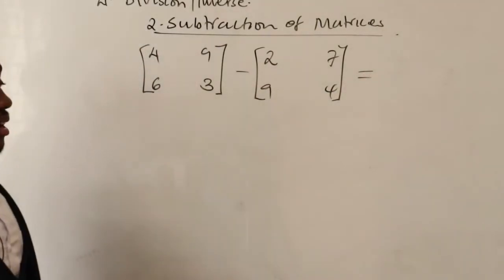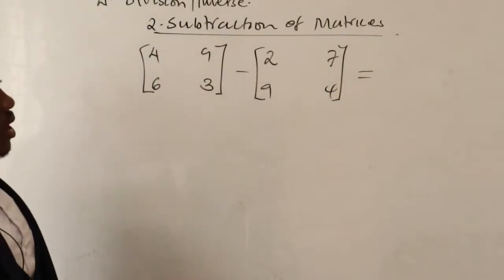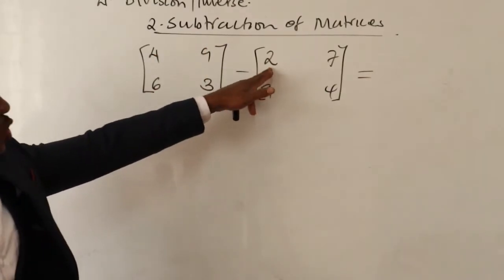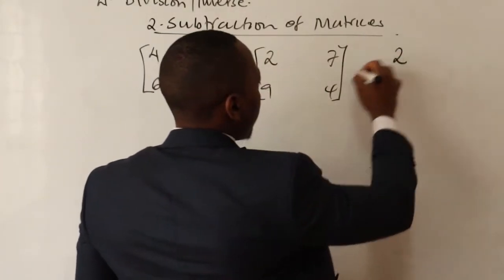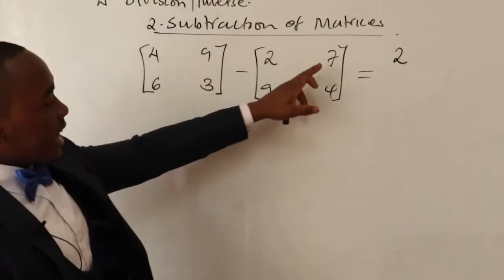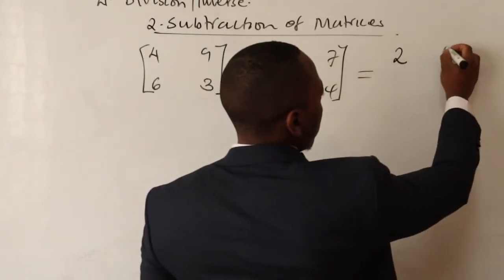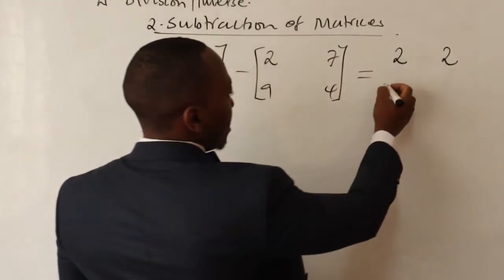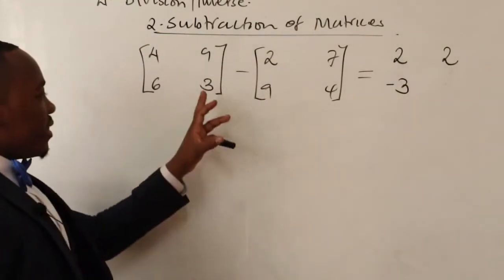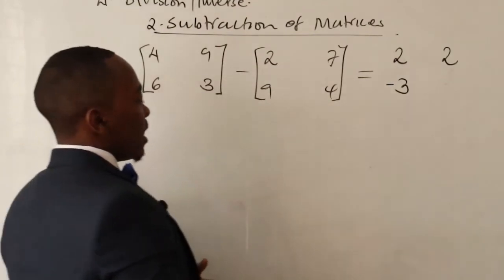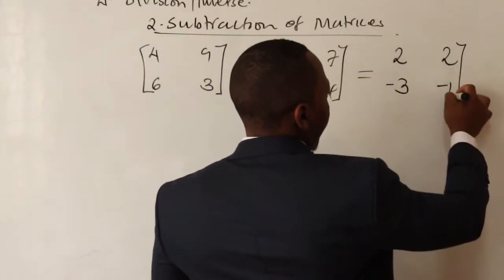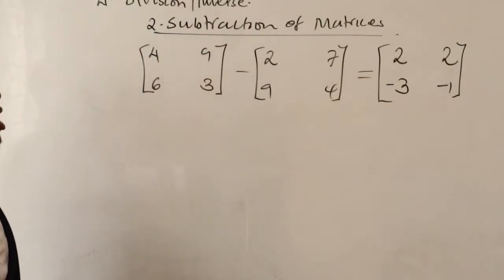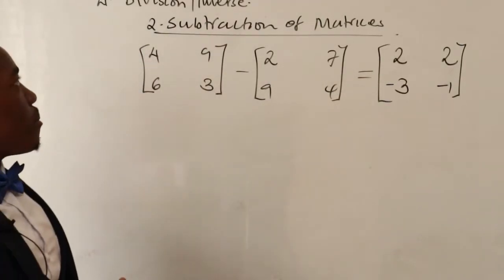So what do you get there? You do it the way you have done the first one. You take 4, you deduct 2, and you get 2. 9, you deduct 7, you also get 2. 6, you deduct 9, you get negative 3. And then 3, you minus 4, and you get negative 1. It's as simple as that. So that's the addition and subtraction of matrices.